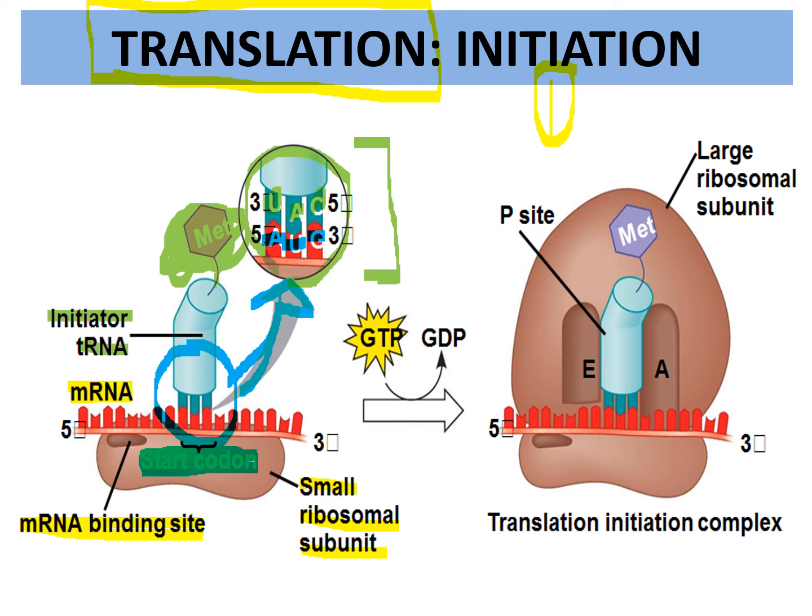So once all of this has taken place, a larger ribosomal unit is then added on, and this forms the translation initiation complex, which contains 3 different sites: the A site, the P site, and the E site. And we will talk about more of the aspects related to these sites in the next phase of translation, which is called elongation.